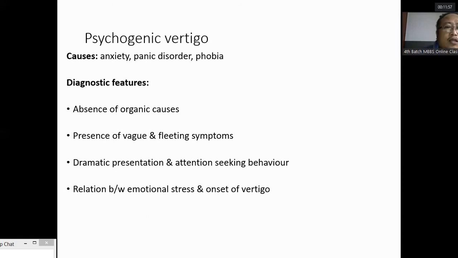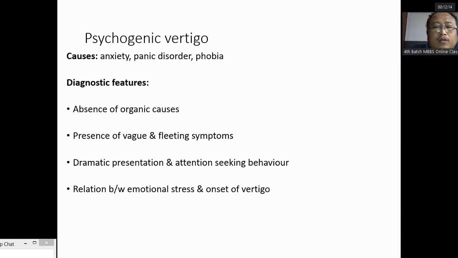And psychogenic vertigo may come to you with this, but psychogenic vertigo should not be a false diagnosis. This is a diagnosis of exclusion.